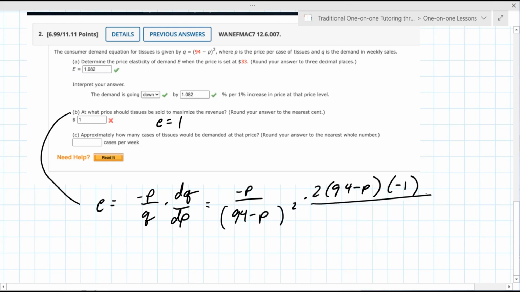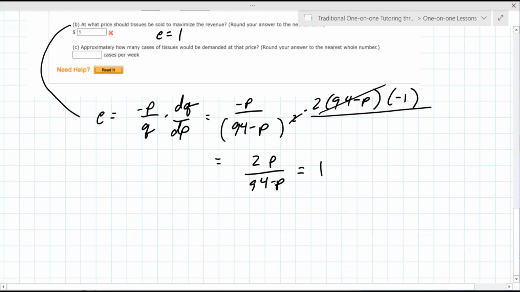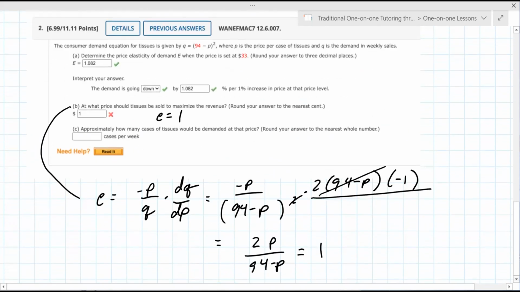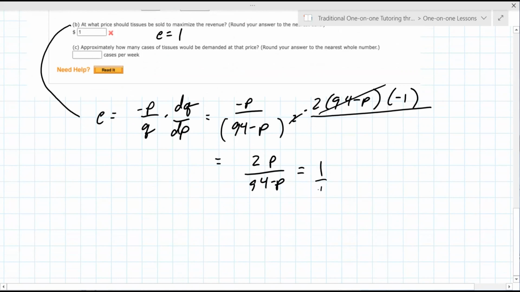And then this cancels with that one. So you get 2P over 94 minus P, and you're supposed to set that equal to 1. Does that look similar to what you did? Yes. Or at least I got that for the elasticity function, because sometimes they ask you for the demand or the elasticity function. So you're just solving this equation.